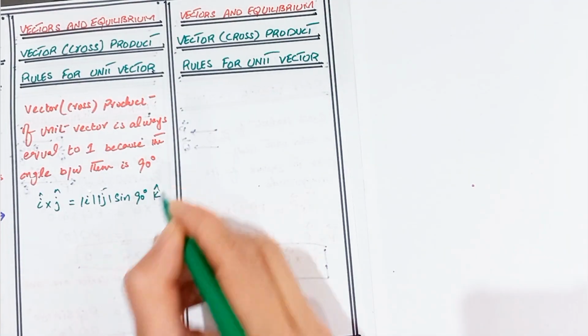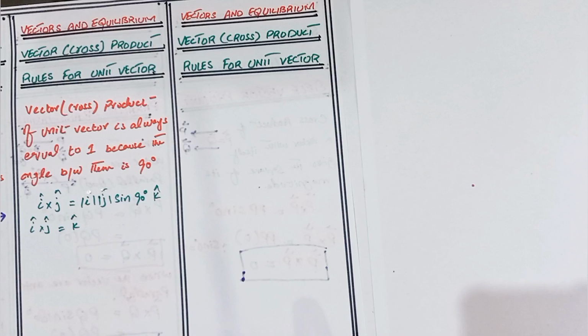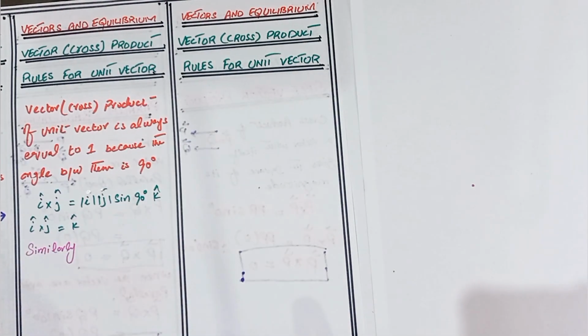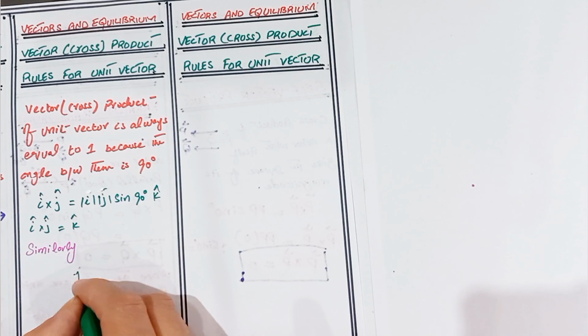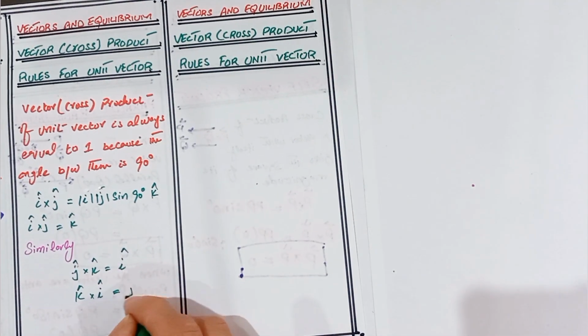And we also show the unit vector, that is the k unit vector. So I cross j unit vector is equal to k unit vector. Similarly, j cross k unit vector is equal to I unit vector, and k cross I unit vector is equal to j unit vector.